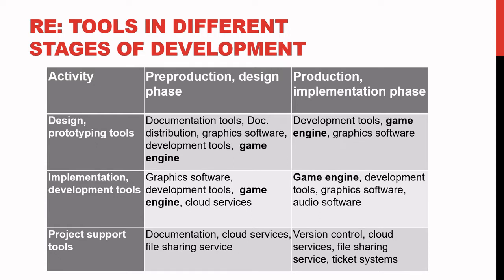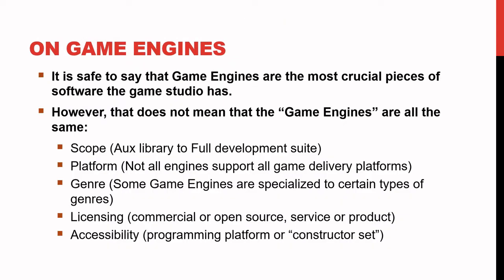They do collision detection, they do scripting work, they launch animations, they launch sound effects, they manage music. Basically everything that happens in games is usually done by some form of game engine. So overall, it's safe to say that the game engine is the most crucial piece of software the game studio has.